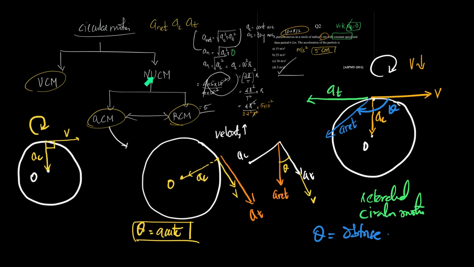Non-uniform circular motion, retarded: tangential acceleration is opposite to the velocity vector. The resultant of tangential and centripetal acceleration is a net, which makes an angle theta with the velocity vector v, which is obtuse in nature. So that's the concept that we need to study with respect to this problem. Having said so, let's move on to the next question.